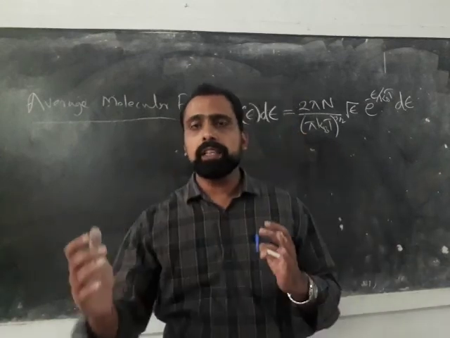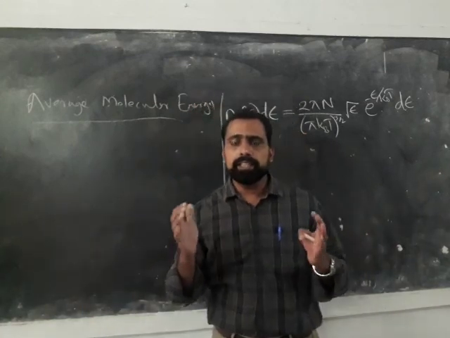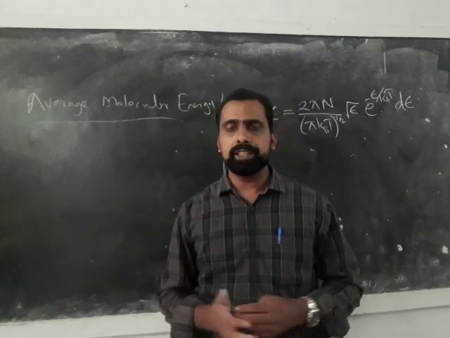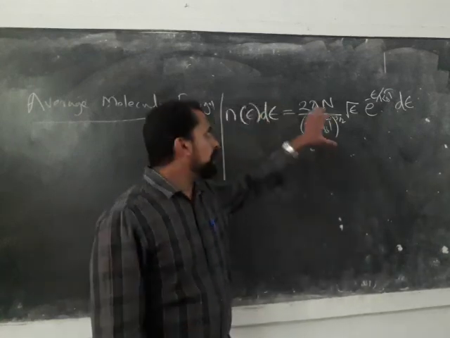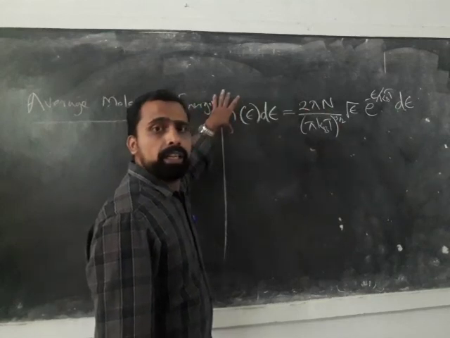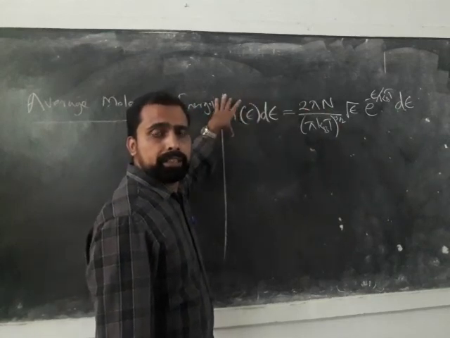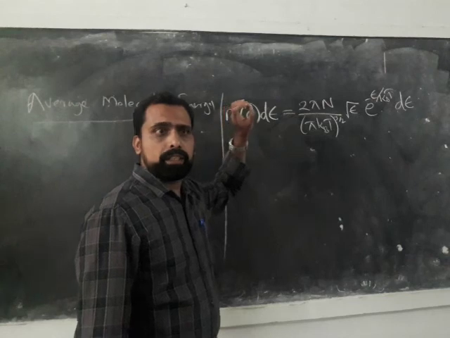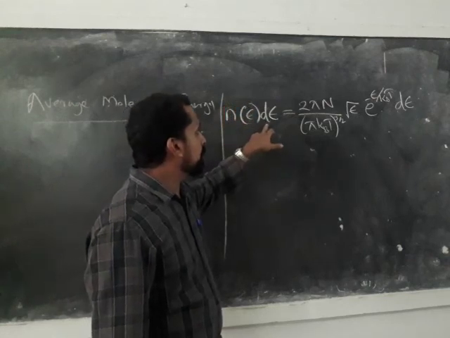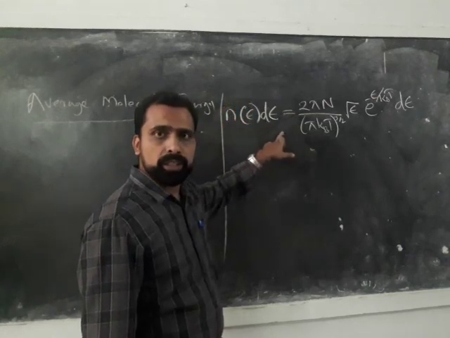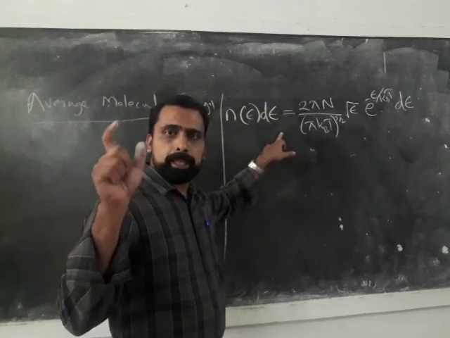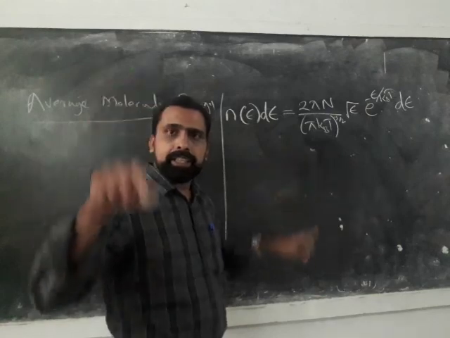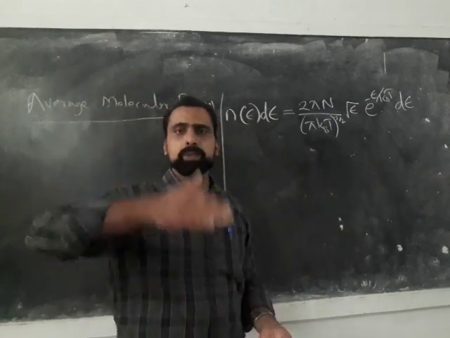So how to get the total internal energy of n particles? In order to get that, you have to take this molecular energy distribution n of epsilon d epsilon, multiply it with the energy epsilon, then integrate over the whole energy from 0 to infinity.